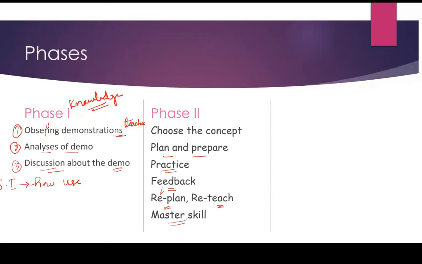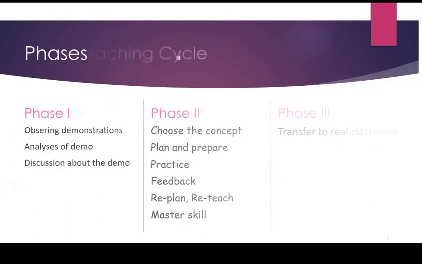And then when you master the skill, you go to the third phase, where you transfer your knowledge of the skill, which you have practiced, to the real classroom situation. The third phase is the real classroom where you integrate and try all the skills in one class.